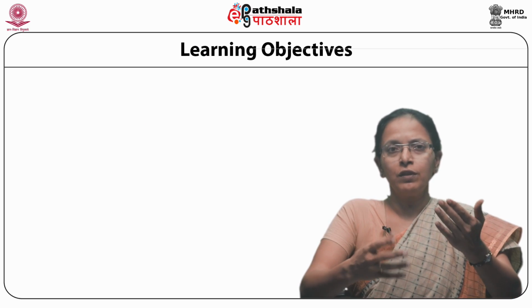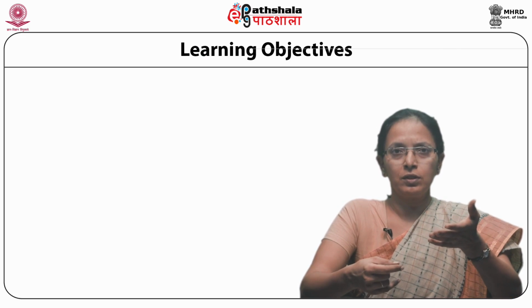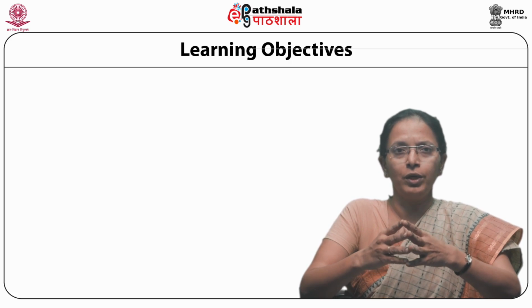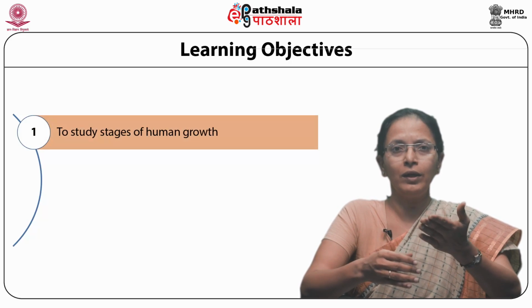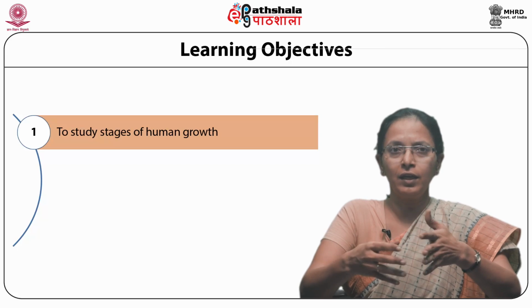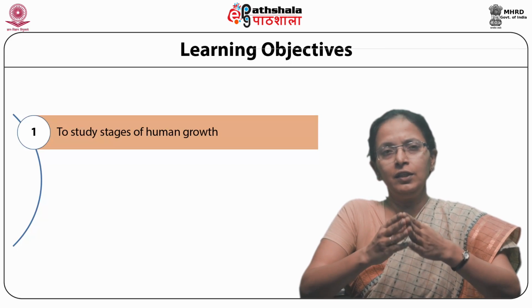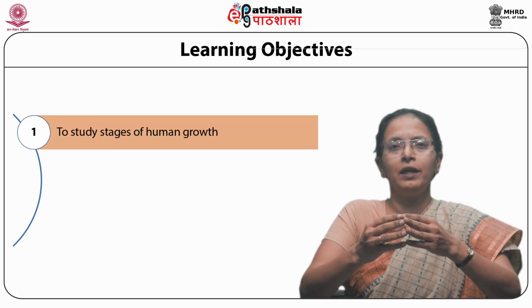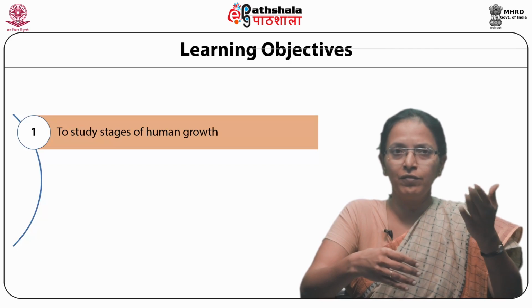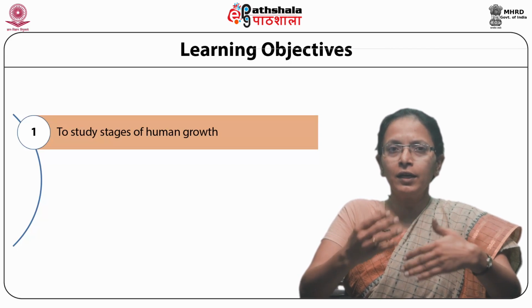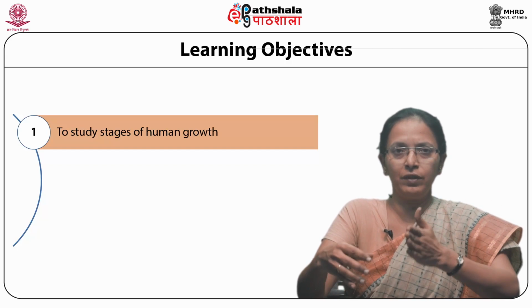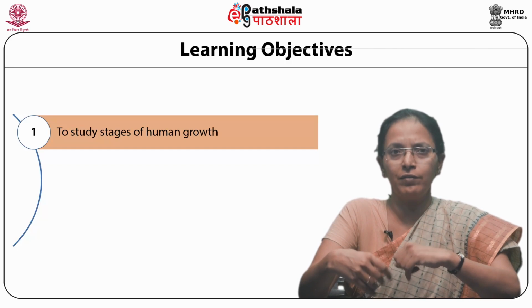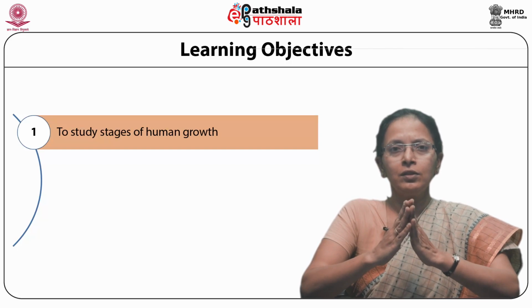The learning objectives of this module, that is what we are going to learn after completing it, are to understand and define what growth and development is in the human life cycle, to identify and name the different phases of the human life cycle, and to understand how growth and development take place at the different specific phases.